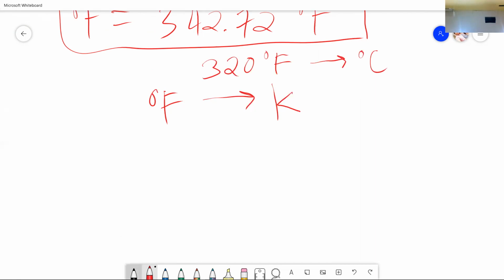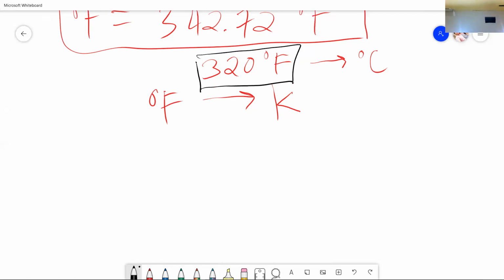What I'm doing is from Fahrenheit to degree Celsius because we have the value of temperature in degree Fahrenheit, 320 degree Fahrenheit to Kelvin.